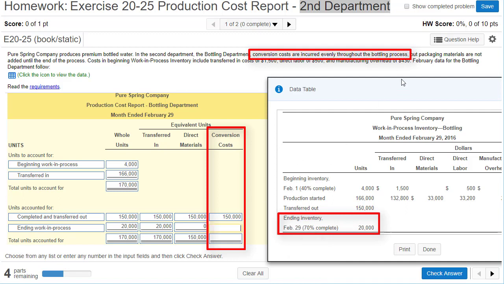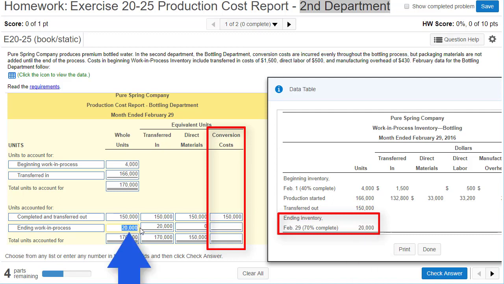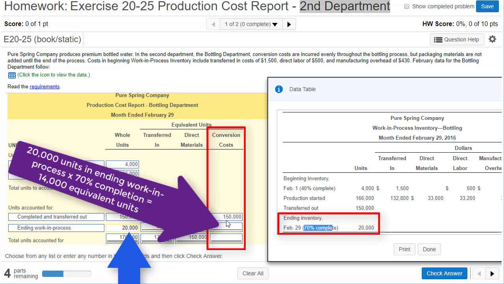So we're going to take 20,000, which is this number, which we plopped here, times the 70%. So 20,000 times 0.7 gives us 14,000 bottles, equivalent units of production.